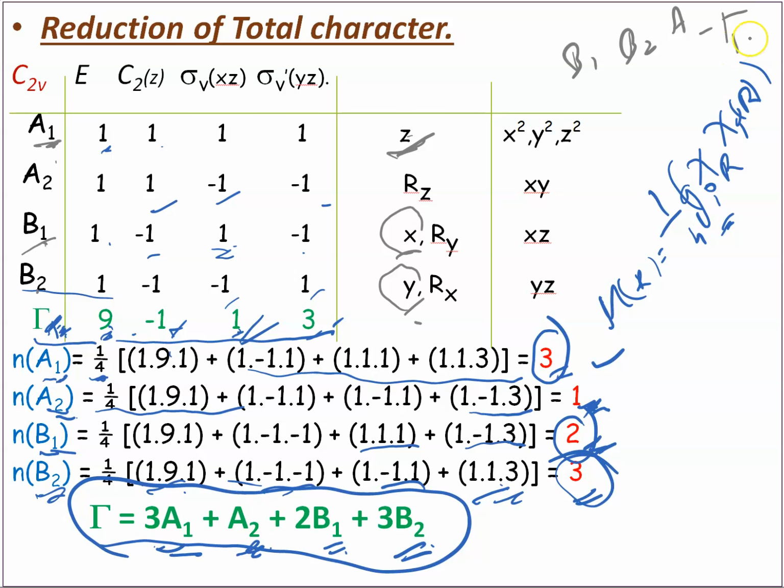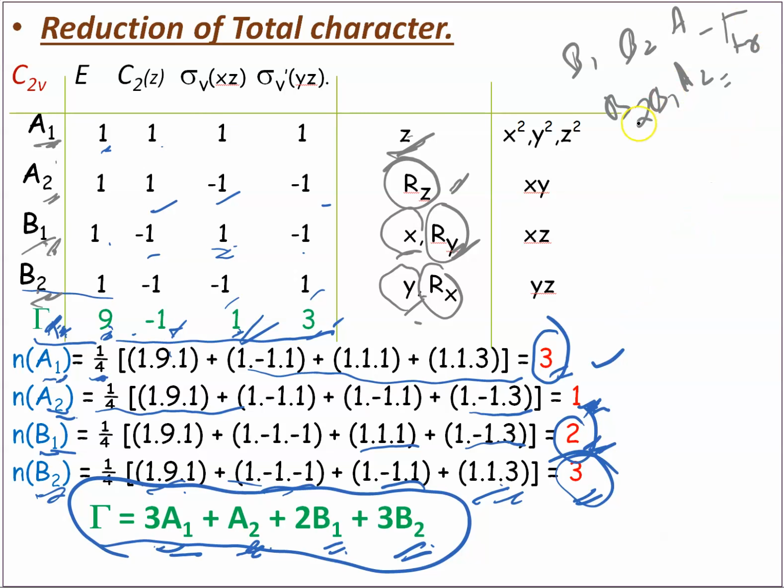That is gamma translational. And the rotational degrees of freedom Rx, Ry, Rz are the rotational coordinates. Rx transforms as B2, Ry transforms as B1, Rz transforms as A2. So B2, B1, A2 are the gamma rotational.